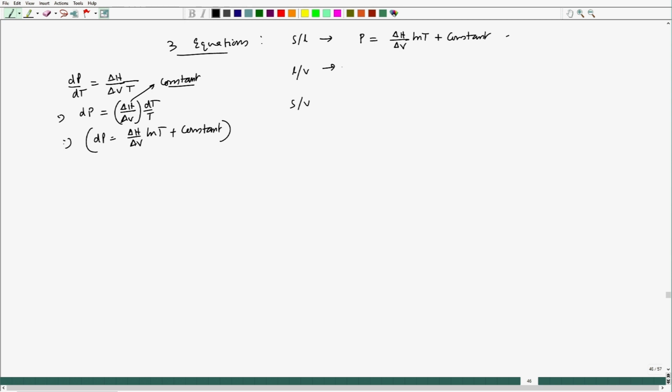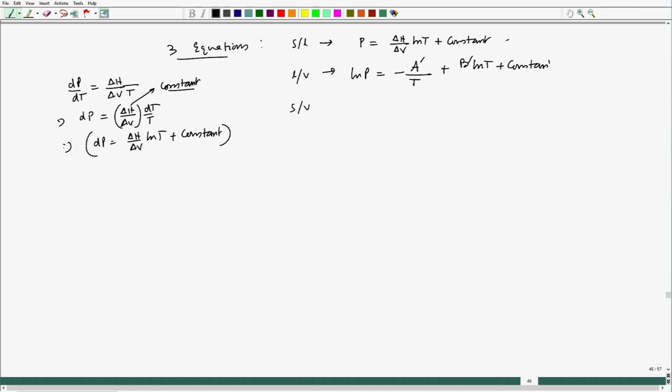Then for liquid vapor it would be ln P equal to minus A prime by T plus B prime ln T plus constant, and for solid vapor it is ln P equal to minus A double prime by T plus B double prime ln T plus constant.